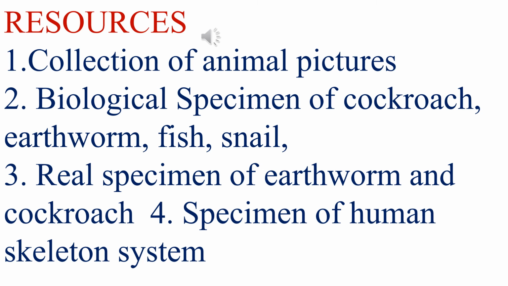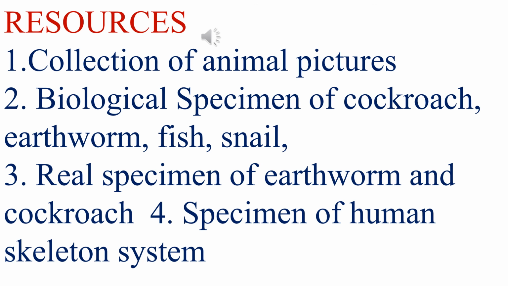We can bring the specimens to the class, or if possible we can take the children to the lab itself and give a demonstration on the structure of the animals, and the real specimens of earthworm and cockroach. The children will be more eager to collect the real specimens of earthworm and cockroach if we give this task to collect. So they will bring the specimens to the class, and that will be helpful for us to explain more about movement in animals.